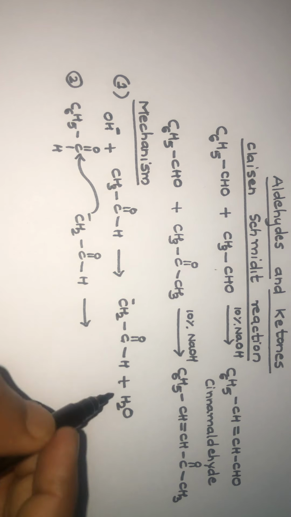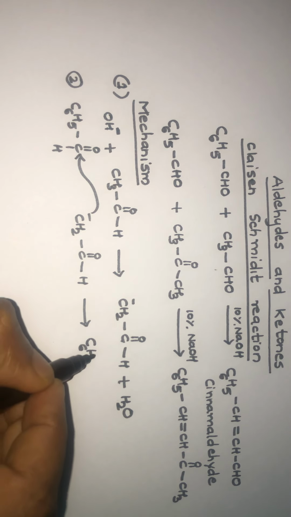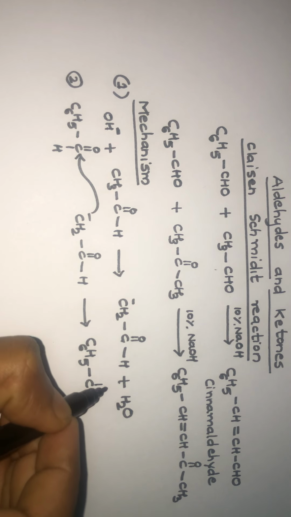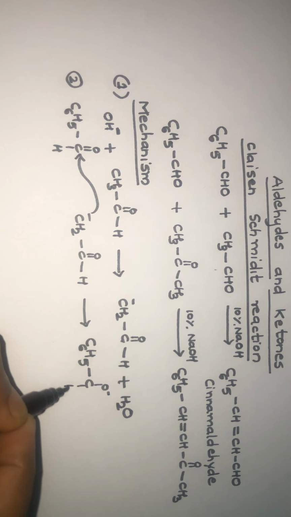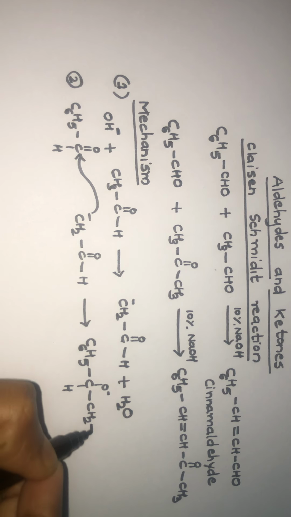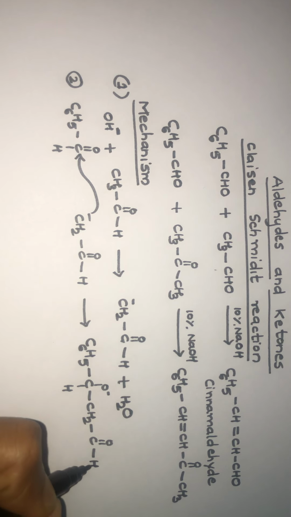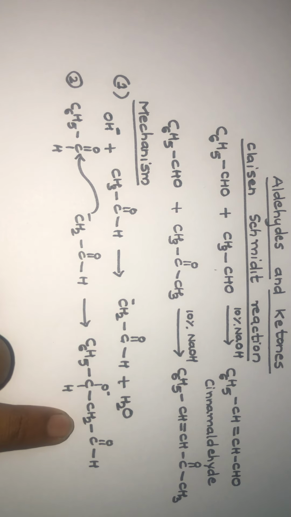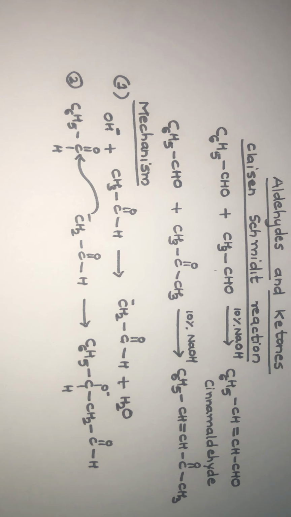The double bond O is converted to single bond O minus, that is C6H5CH(O-)CH2C(=O)H. This anion, the alkoxide ion, takes up a proton from the solvent to form an aldol. This is the simple condensation that we discussed in our last session itself.